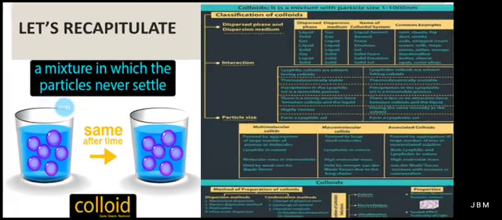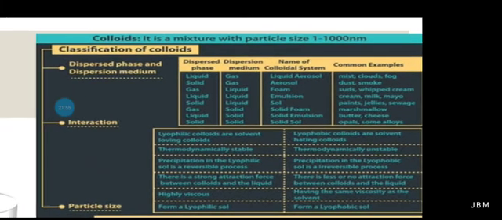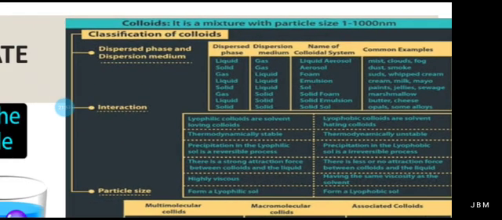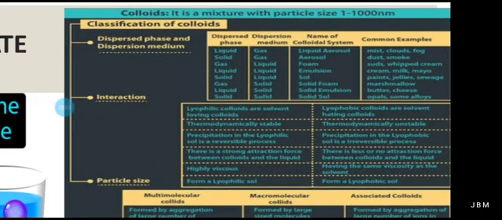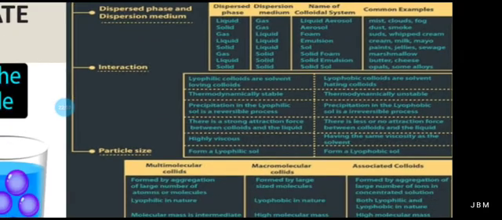Now, I would like to zoom this picture a little bit so that you can get a clear idea regarding whatever topics we have tried to cover during this entire session. Everything has been encapsulated in this picture. We studied the different types of colloids, the names of the colloidal systems, and I discussed the examples that you can see on the top of this picture.